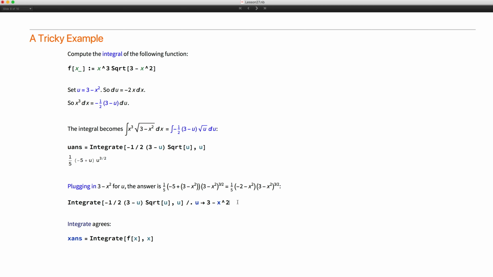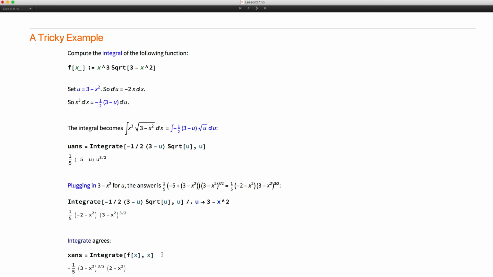You plug in the expression. And of course, Integrate will give you just the same answer in this case as well. Well, there's a slight difference because you have a negative sign inside over here and outside, but essentially they're the same answer.